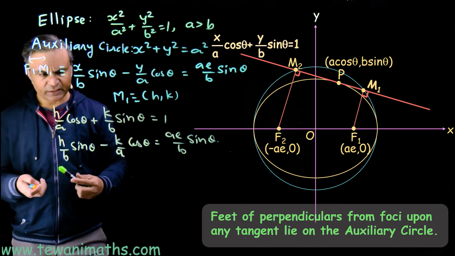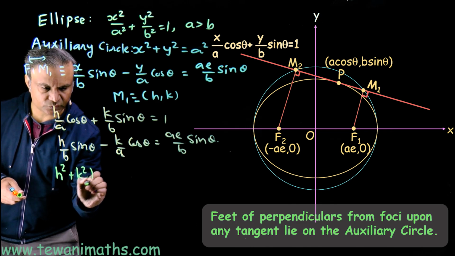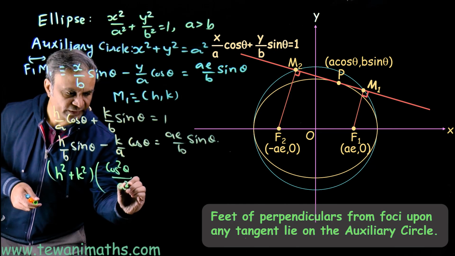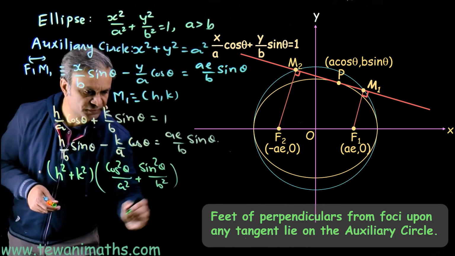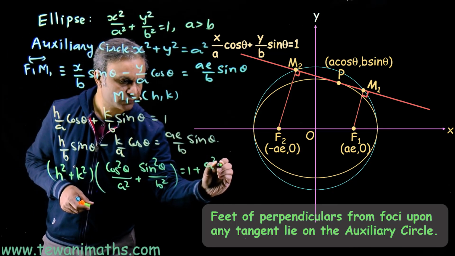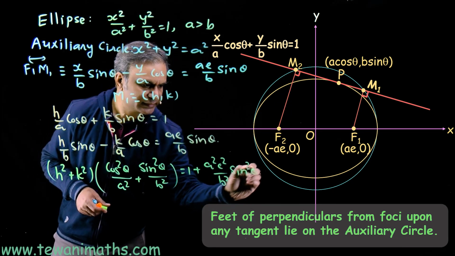By squaring and adding, we get h square plus k square multiplied by cos square theta upon a square plus sin square theta upon b square, and on RHS we get 1 plus a square e square upon b square multiplied by sin square theta.